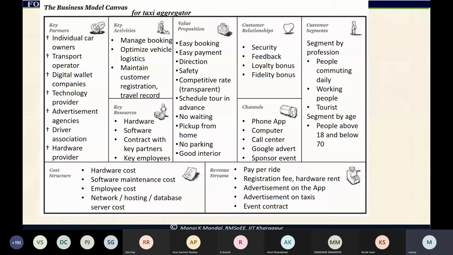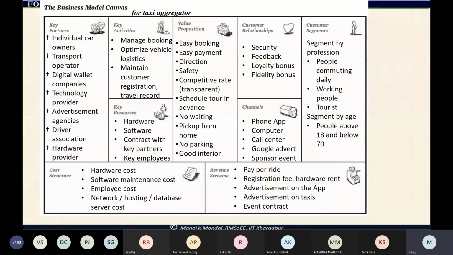See, value proposition, what value you give: easy booking, easy payment, direction, because you have GPS, safety, competitive rate, transparent rate, you know what is the per kilometer rate, scheduled tour in advance, no waiting, pick up from home, no parking, good interior. This good interior can be given by anybody, so this may not be part of the value proposition. If something is given by everybody, that is not part of value proposition. Whatever unique you are giving is the more important value proposition.